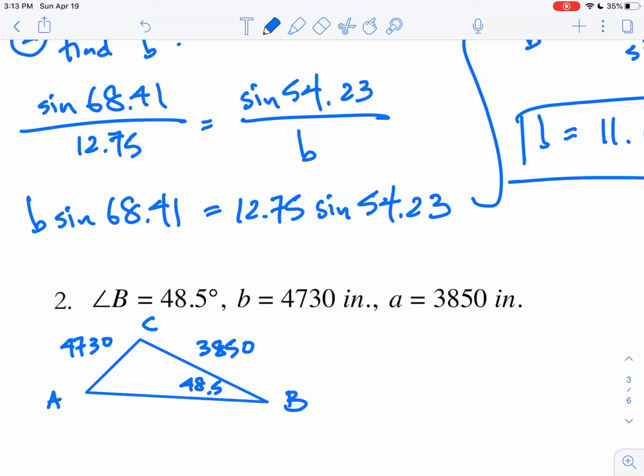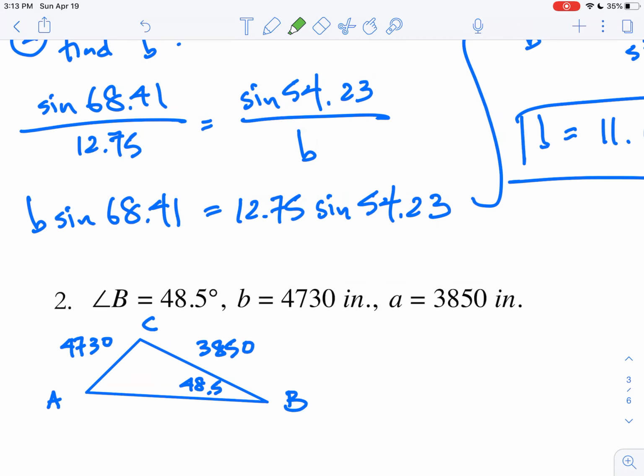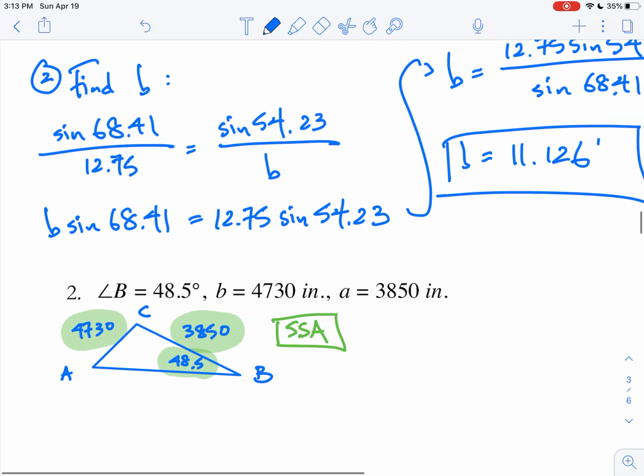Okay. So there's really only one case that I need to be careful about, and that is this one. Side, side, angle. All right? That side-side-angle is a pain for us because that's the one where we could have more than one triangle or maybe not even any triangles at all.